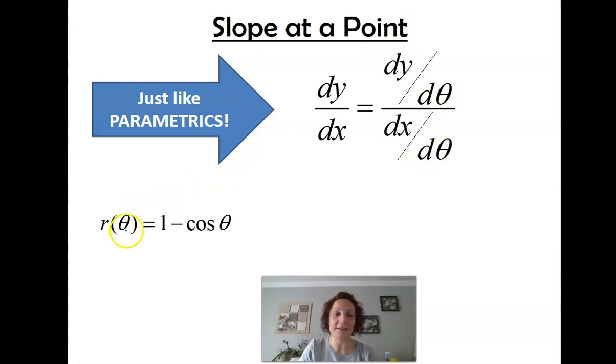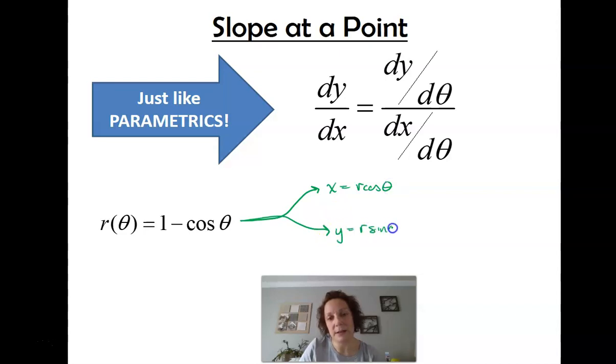The equation they gave us is r. I don't see an x or a y here. So I'm going to use this formula. But before I do, I have to find equations for x and y. And that's really not terrible, because I know that x is r cosine theta, and I know that y is r sine theta.